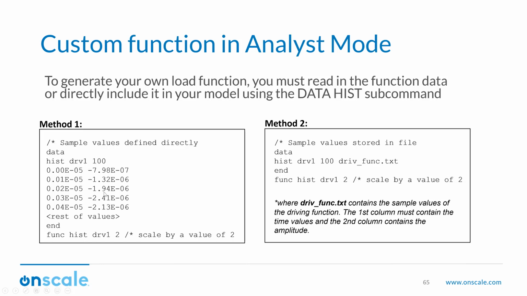You list your data like that in two columns below this, and afterwards you just call this data when you define the function hist drive, and you can scale the data by a certain value as well. Now, a much more clever way to do that would be to put it in a text file and import it using this syntax here.